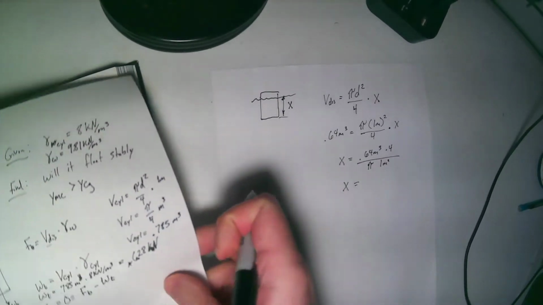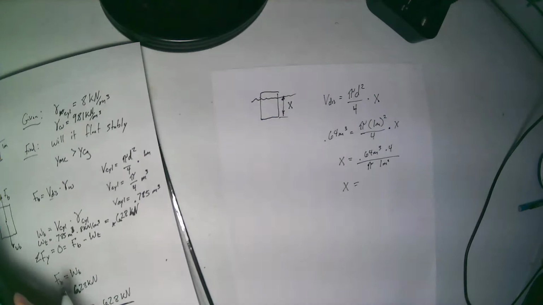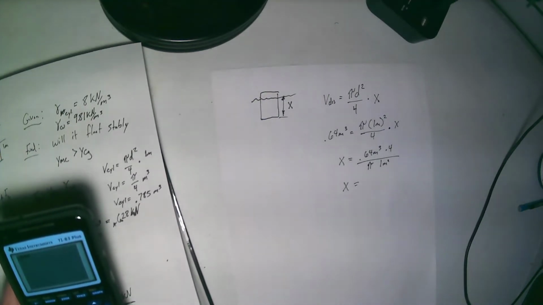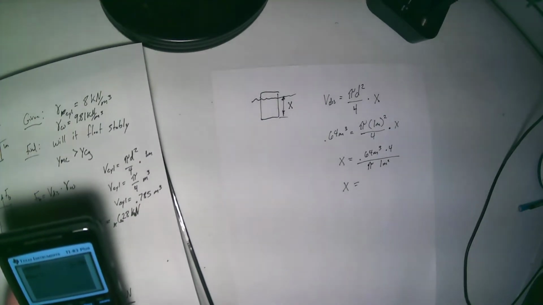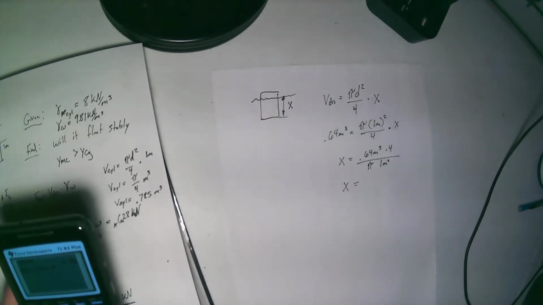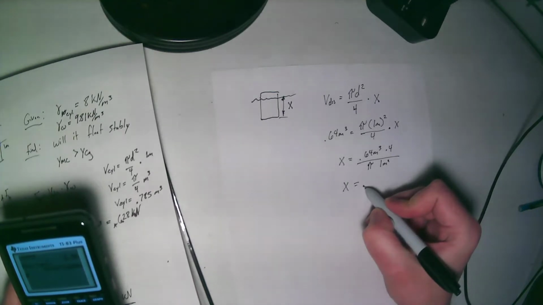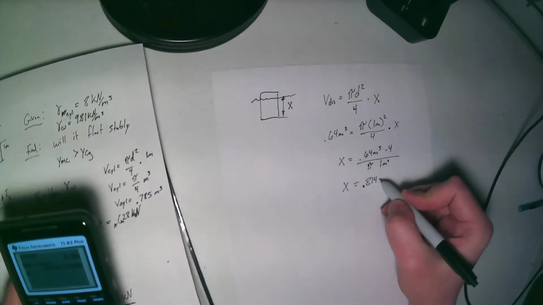And that X distance ends up being 0.64 times 4, divided by pi times 1. We get X is equal to 0.8148.